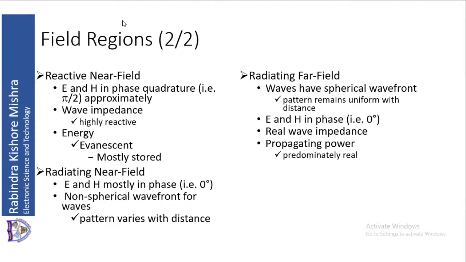So the reactive portion is gone. The wave impedance will be real. In the radiating near field, the wave impedance is complex. In the reactive near field, the wave impedance is highly reactive or mostly imaginary, with a very small real part. In the far field it is purely real. The propagating power is predominantly real.